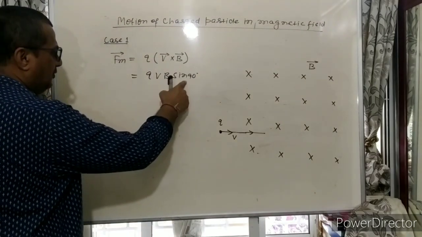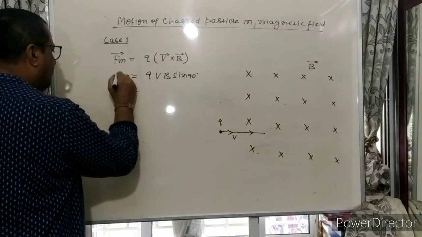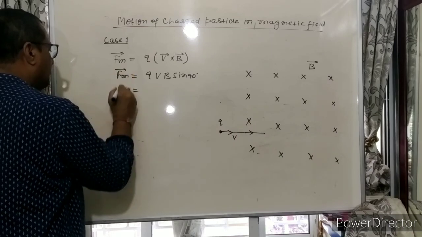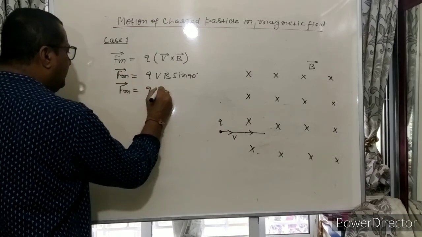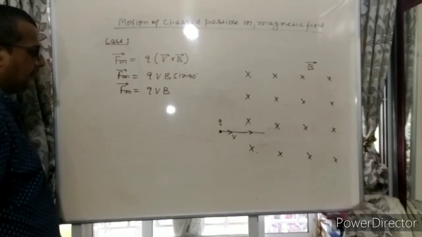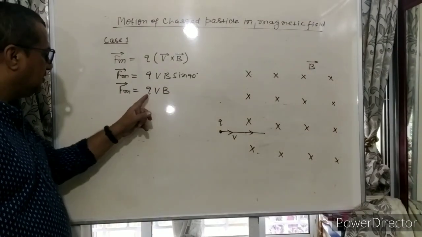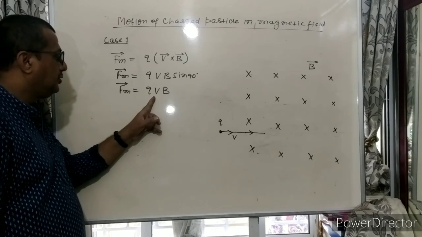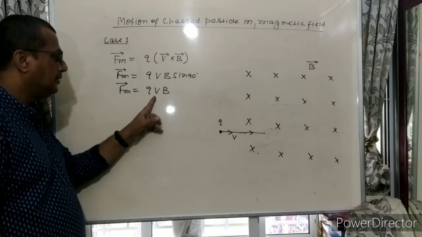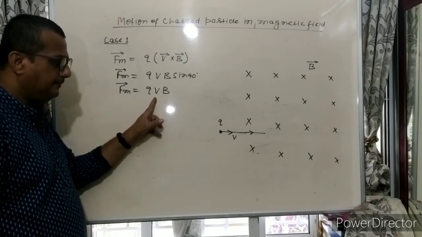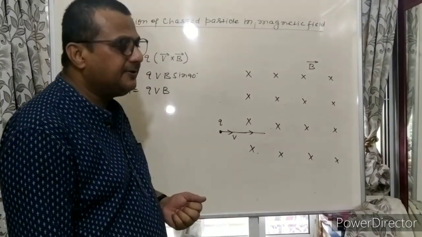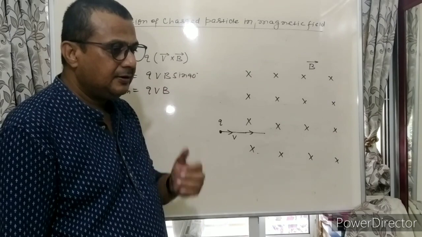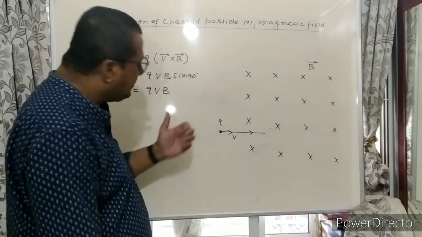So sin 90 is 1. So magnetic Lorentz force is equal to Q V B. Here the discussion is what will be its path?